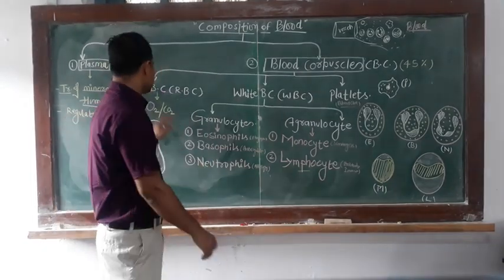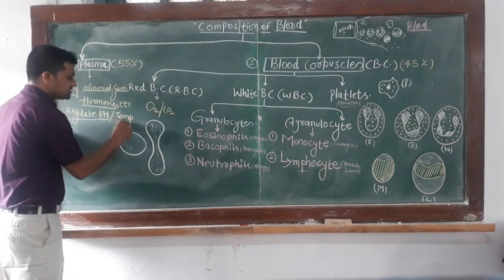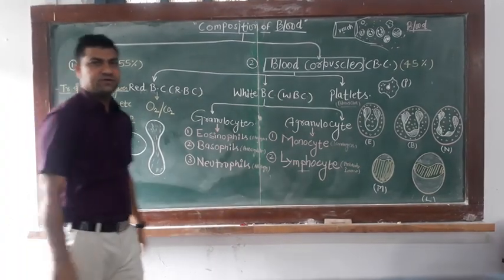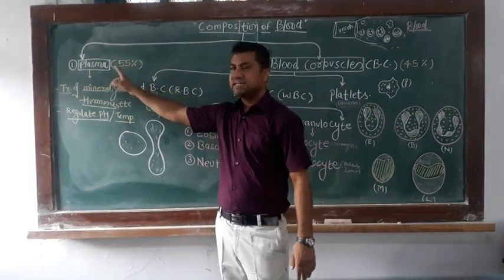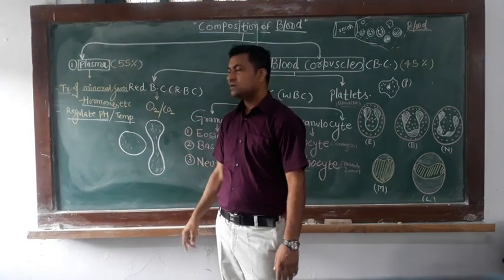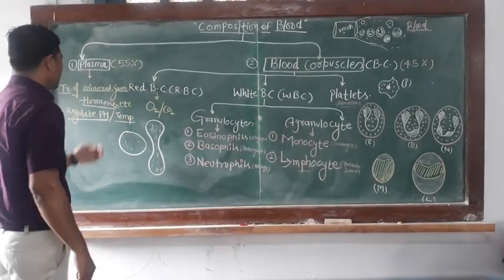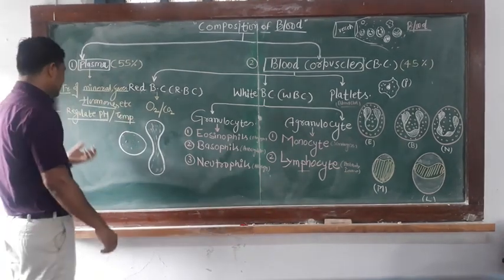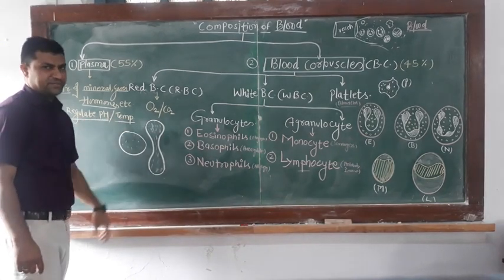Number two, it also regulates blood pH and temperature. So plasma is the liquid part, 55% of the blood.